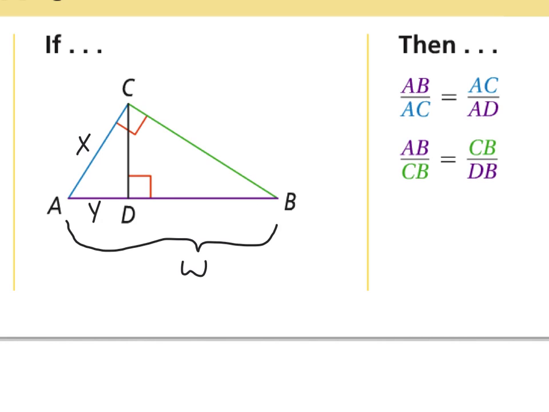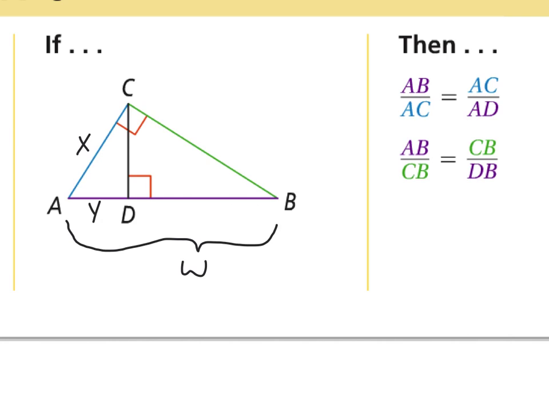We just have to adjust it a little bit. Notice that the small segment of the hypotenuse, that Y segment, A to D, is adjacent, or next to, the leg that we know.